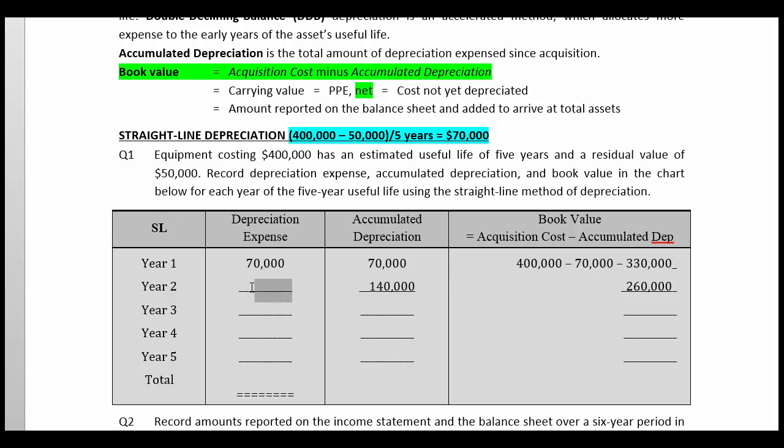In year 2, it's the same amount of depreciation expense because we're using straight line. The accumulated depreciation here is 140,000 because previously it was 70,000 plus 70,000 more is 140,000. It's also the total of these two figures, 140,000. So now your book value would be equal to 400,000 acquisition cost minus the accumulated depreciation of 140,000 is 260,000.